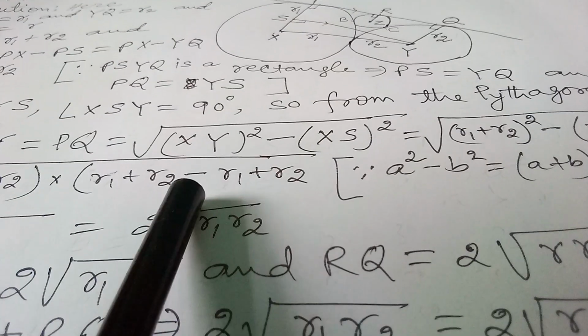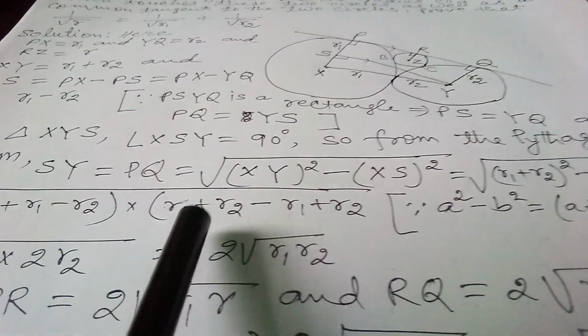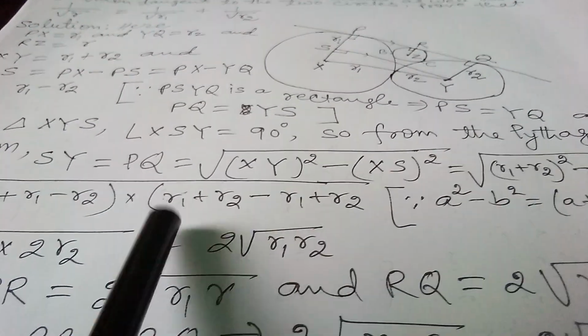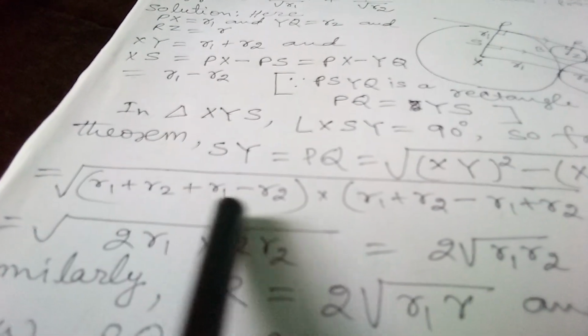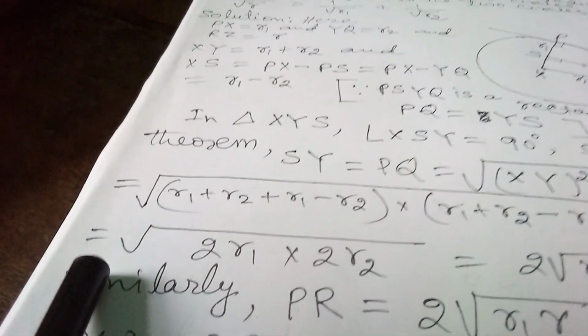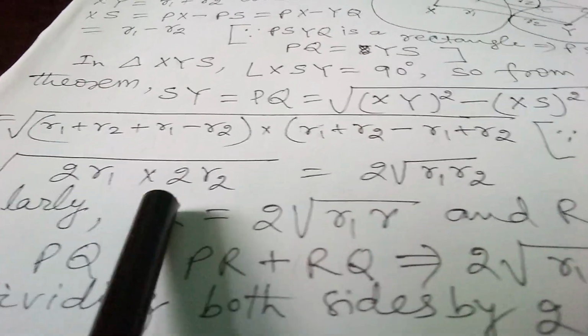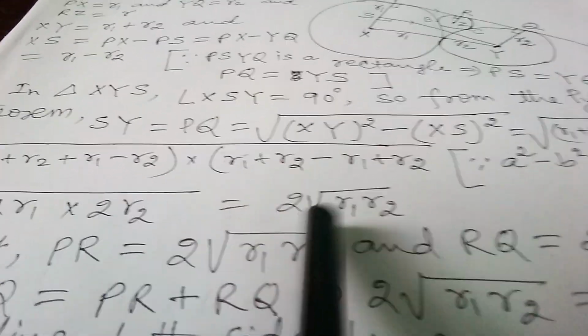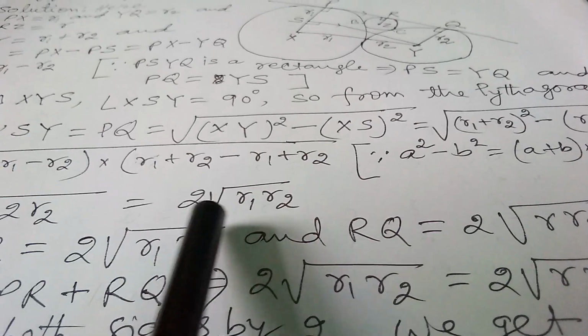Here plus became because it is minus. Now r2 and r2 add, so it becomes 2r2, and minus r2 and plus r2 cancel, so r1 plus r1 becomes 2r1. So that equals square root of 2r1 into 2r2, that equals 2 taken common, so 2 is outside the square root and inside it is r1 r2. So 2 into square root of r1 r2.